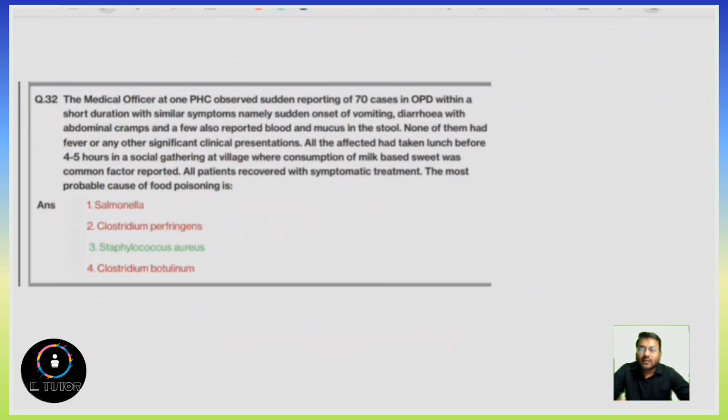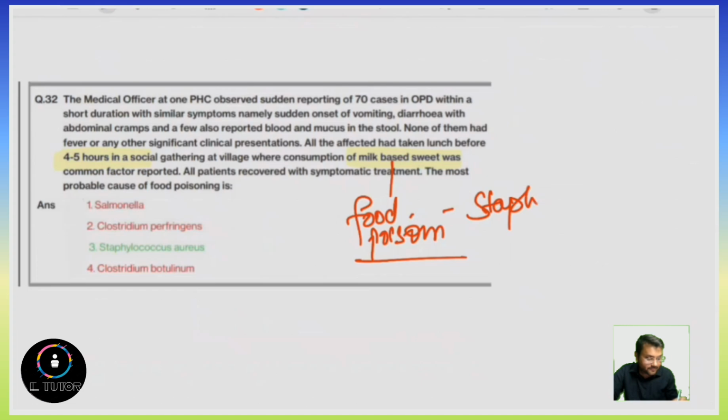All patients recovered with symptomatic treatment. The most probable cause of food poisoning is? Some important hints here are milk-based sweet and incubation period of 4 to 5 hours. Food poisoning due to milk-based products is seen in Staphylococcus infection. So answer will be option number C, Staphylococcus aureus.